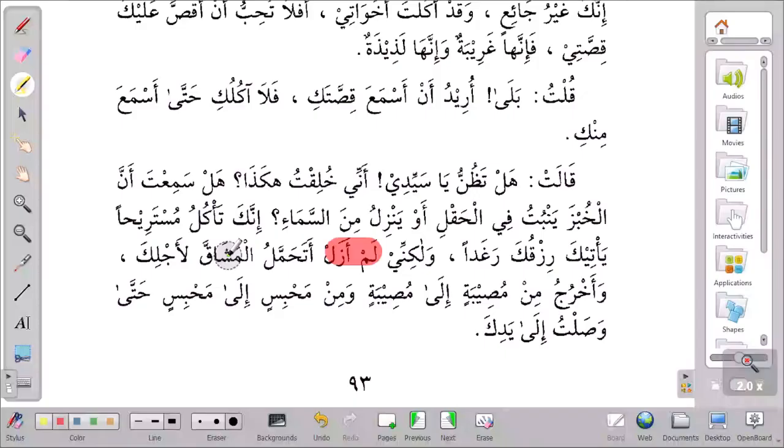So Allah mentioned it, and then Allah says: وَتَحْمِلُ أَثْقَالَكُمْ إِلَى بَلَدٍ لَمْ تَكُونُوا بَالِغِيهِ إِلَّا بِشِقِّ الْأَنفُسِ.